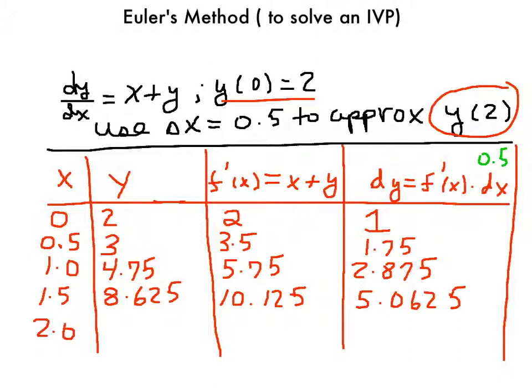And so my final answer now for my value for y is, see if I get it right. Just had to check my work. So my new value for y at 2.0 is 13.6875. And that's an approximation for y of 2.